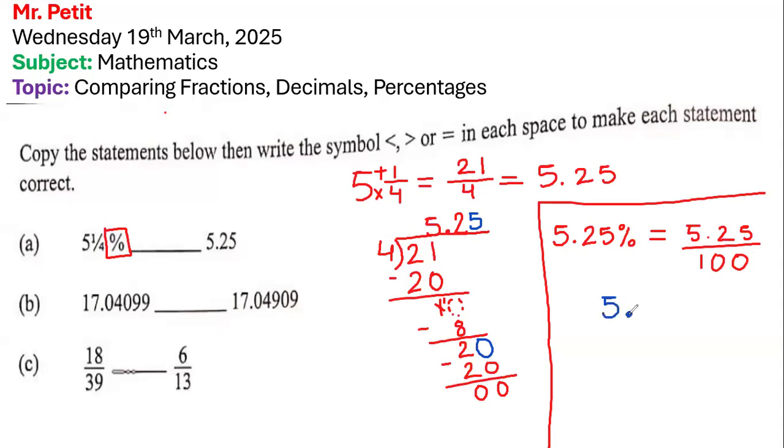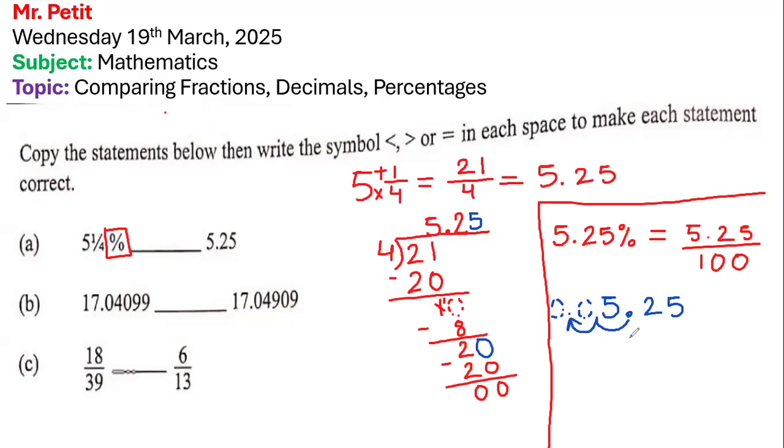So this is going to be 5.25. If we divide by 100, we move the decimal place 2 times to the left. So 1 and 2. Put a placeholder there, an imaginary 0, and then put another placeholder here.